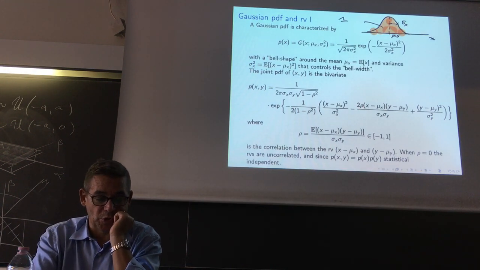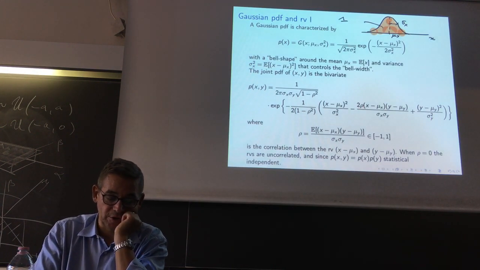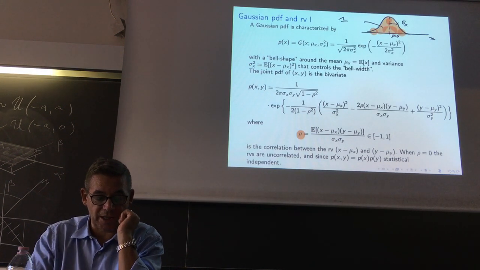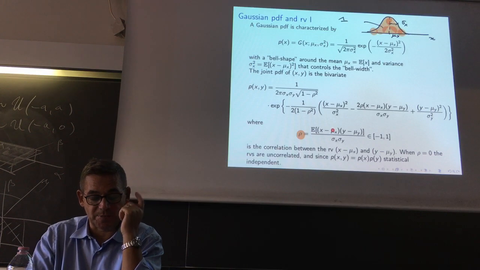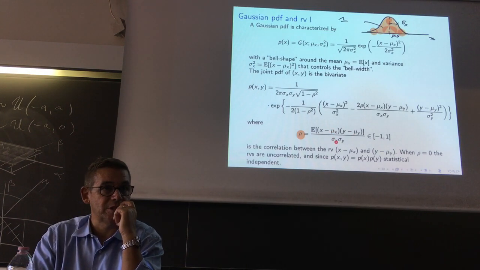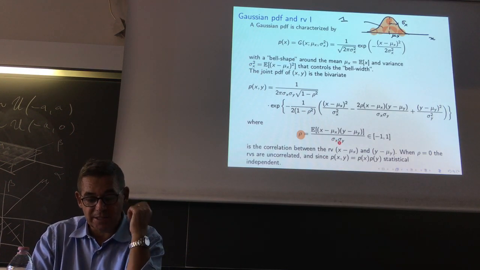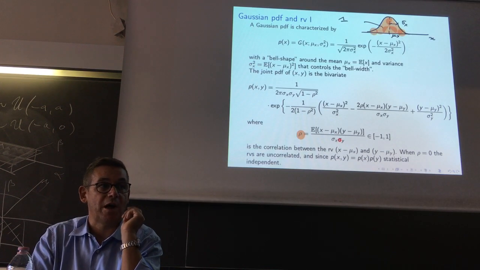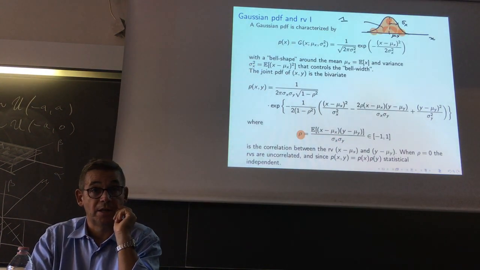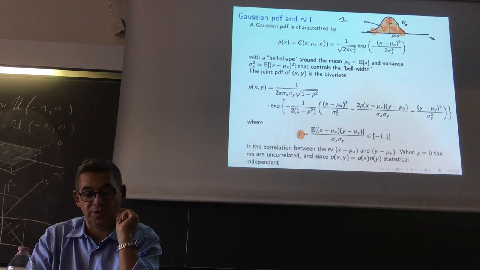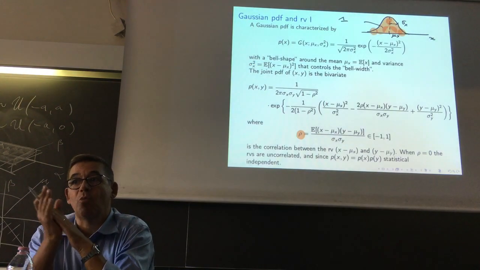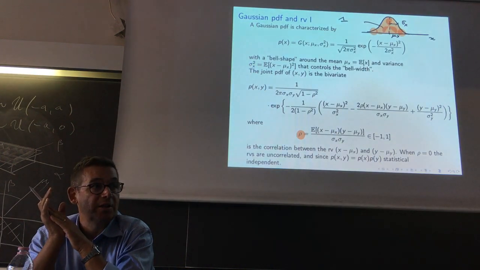This rho is called the correlation coefficient. It is the central expectation between x and y normalized with respect to sigma x and sigma y. This correlation coefficient is a number limited between 1 and minus 1. If it is equal to 1, that means that x and y are perfectly correlated.